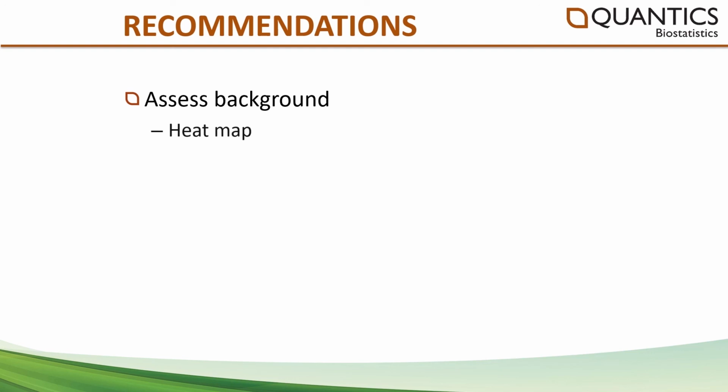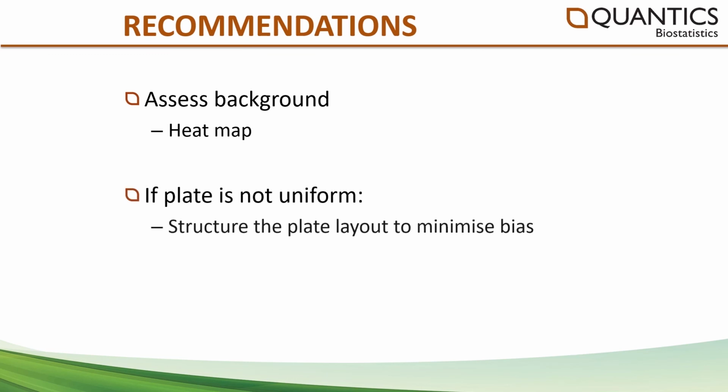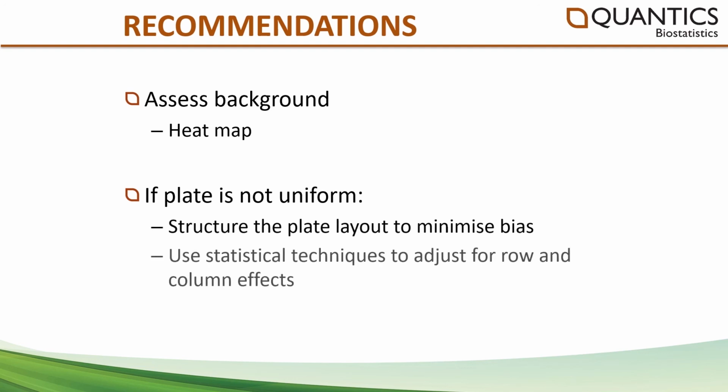And if you discover that the heat map isn't uniform, it's showing some kind of pattern on the plate, then it is possible to structure the plate layout for the assay to minimise bias in the reportable value, so to try and balance the reference sample and the test sample across the plate according to the background. And secondly, to use statistical techniques to make that adjustment for the row and column effects in order to handle the precision of the estimate.